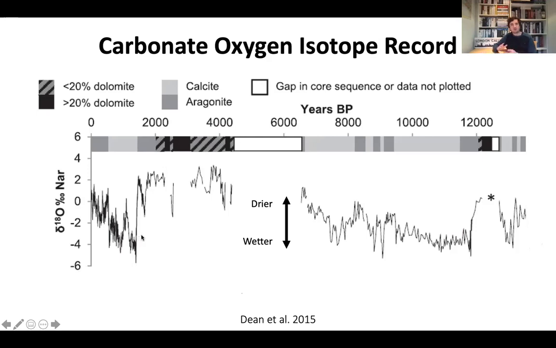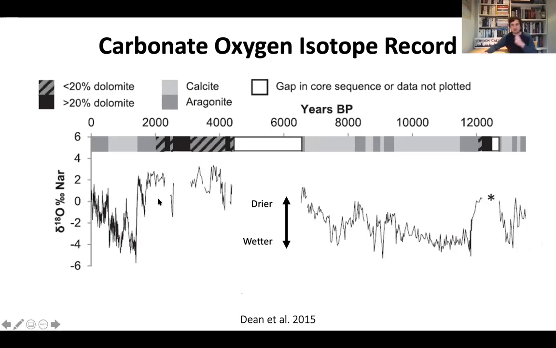What we were able to show is that the oxygen isotope ratio of the carbonate in the lake sediments varies depending on the precipitation evaporation ratio. In other lakes, it might vary more due to temperature, whereas in this lake, it varied due to precipitation evaporation. We were able to demonstrate that was the case.